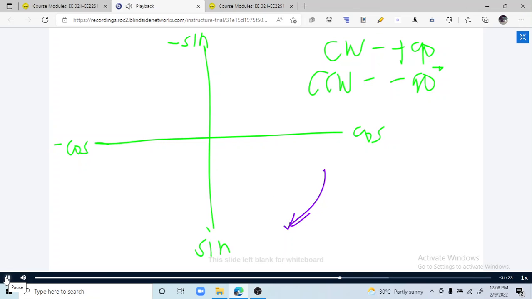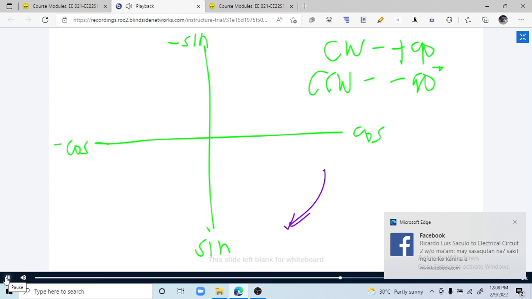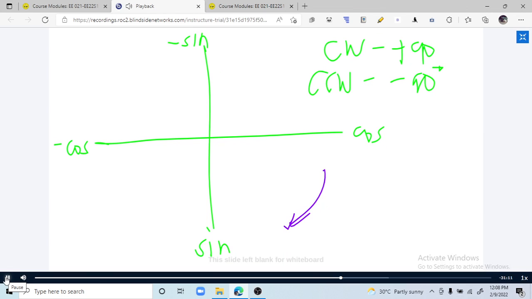So you are going to add plus 90 to the original setup. If you have cosine omega t plus theta, that would be sine omega t plus theta plus 90. Did you get it? If you have clockwise, that is plus 90. If you have counterclockwise, that is negative 90. That would be onto the angle. So I will give you an example here.